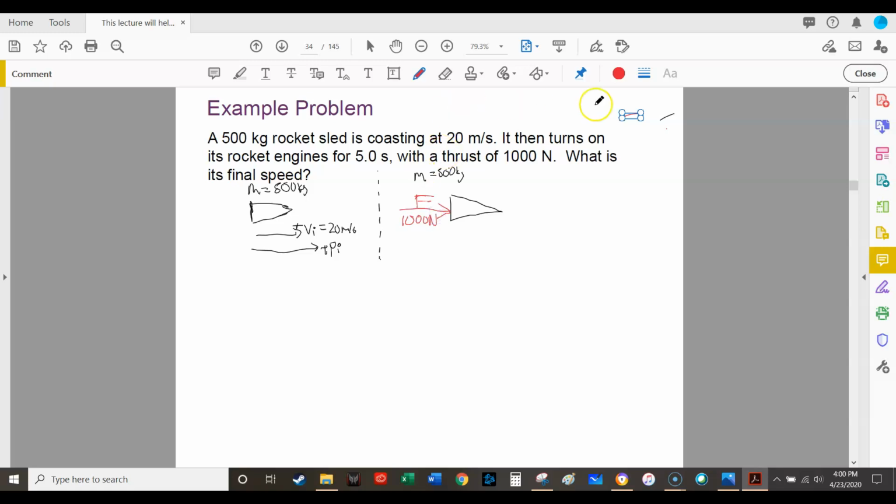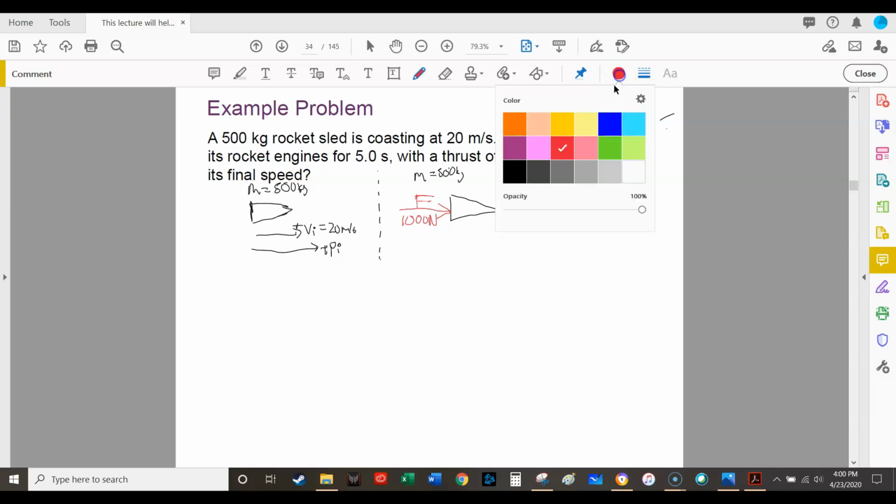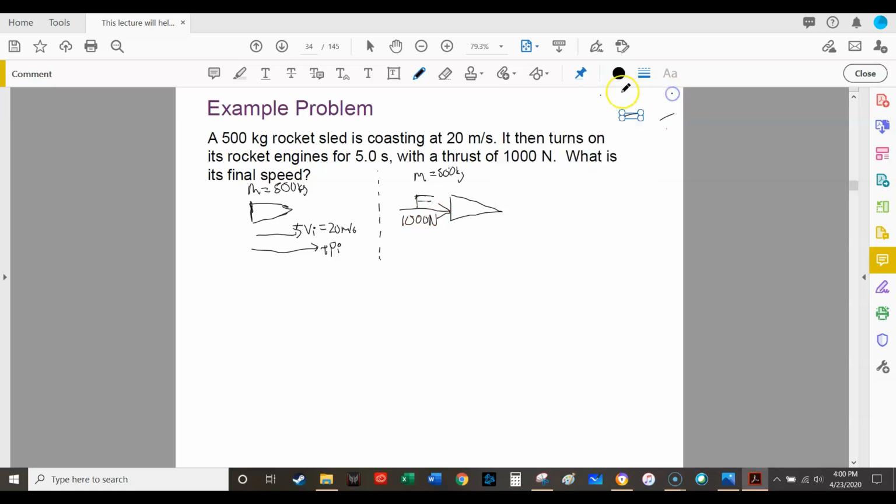I'm trying to list my variables here at the same time. And what should be the consequence of that? Well, I'm thinking it's going to start speeding up, right? A force is a mass times acceleration.